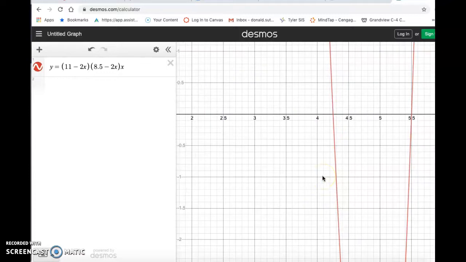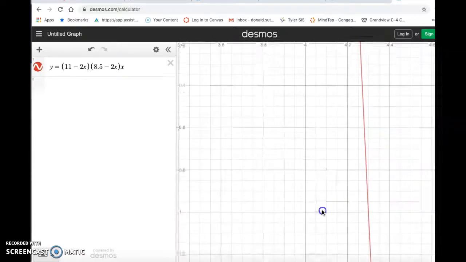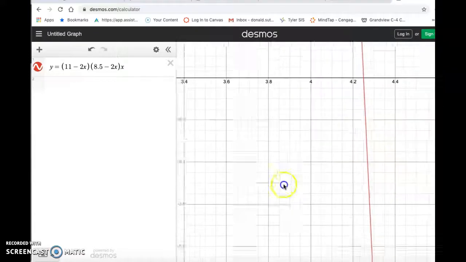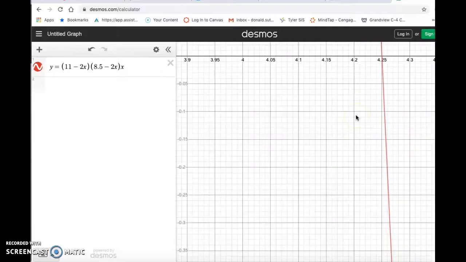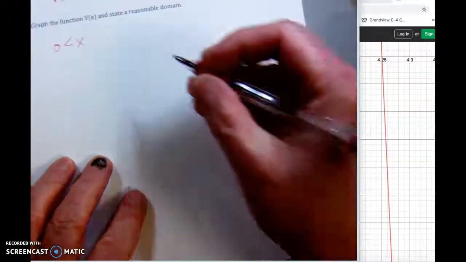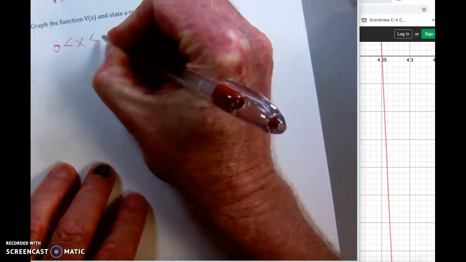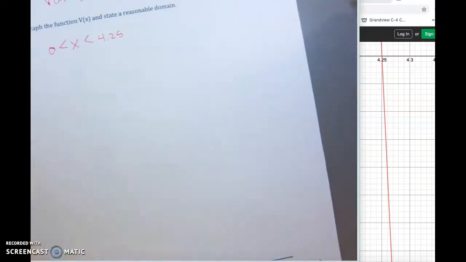Let's zoom in here and we'll get a good estimation. I think that's about 4.25. So that means the biggest I could get is just under 4.25. Otherwise, I'm not forming a box because it turns into a negative volume.